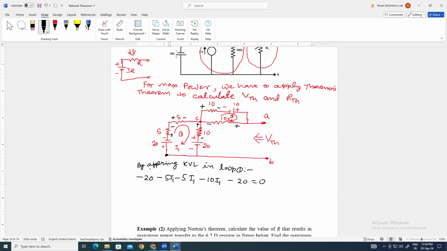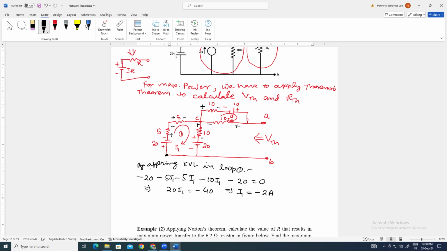So ultimately you can see that how many i1 are there? 20i1 is equal to -40. So i1 is equal to -2 ampere.